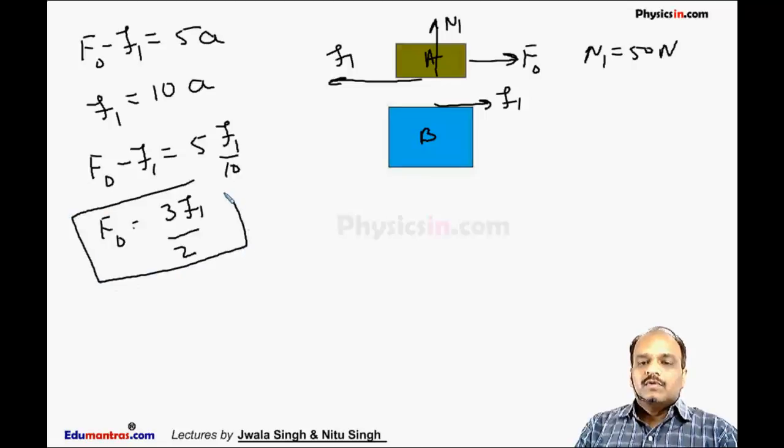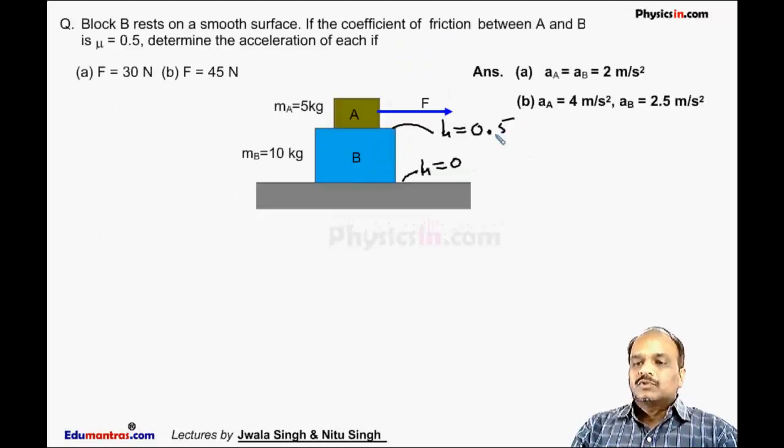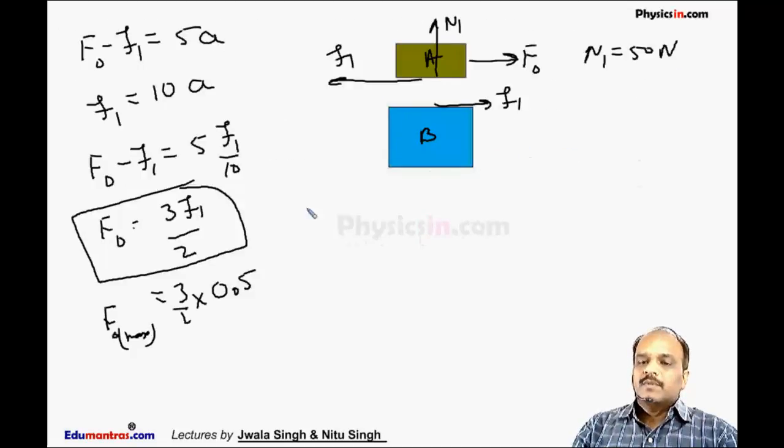Now F naught maximum is 3 by 2 into F1 maximum, and we know F1 maximum is 0.5 times N1. N1 means 50.